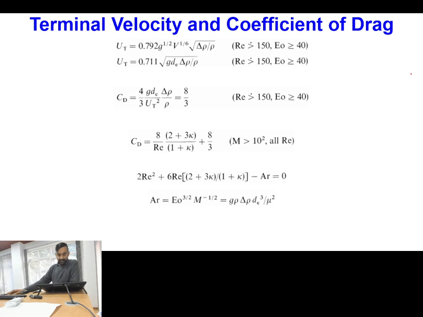And then of course you can calculate the terminal velocities and drag coefficient in different regimes depending upon the different values of Reynolds number and Gauss number. I will not go into these details because these are all empirical relations derived from the experimental data. So there is no theory involved in these relations.